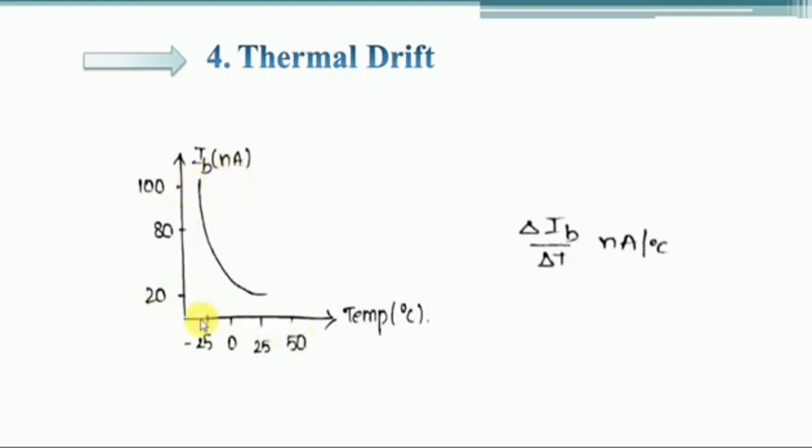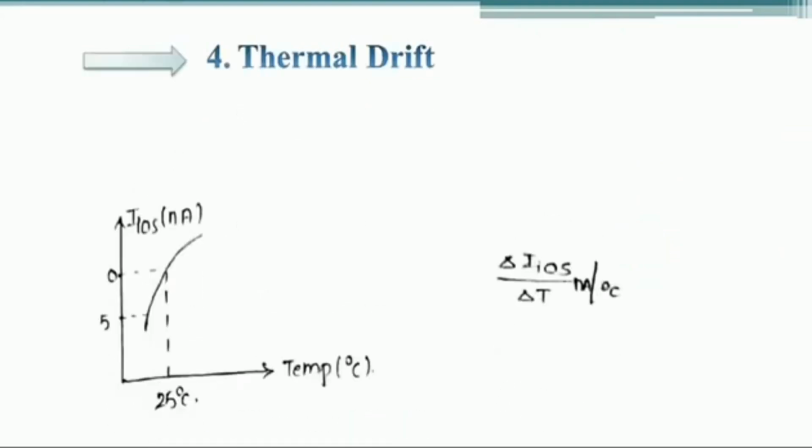If the temperature goes on increasing, this IB value will exponentially decrease. So we can write the input bias current drift in terms of delta IB by delta T. Here delta IB indicates the difference of bias current when there is a change in temperature, and it is measured in nanoamperes per degree centigrade.